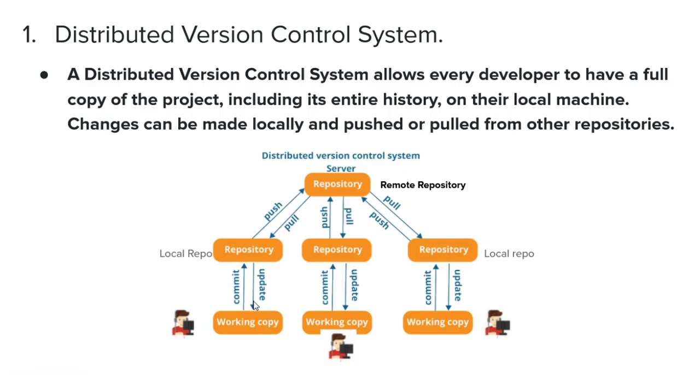Along with that working copy, they will also have a local repository in their local system. That is a Git repository. They can work offline in that repository. They can take the file from the local repository, make the changes, commit the files into the local repository, and update the file in their working copy from the local repository.